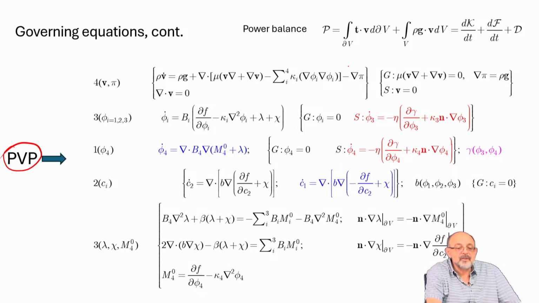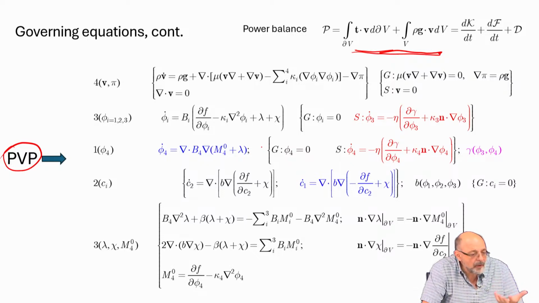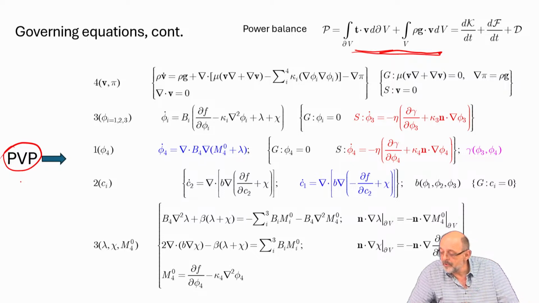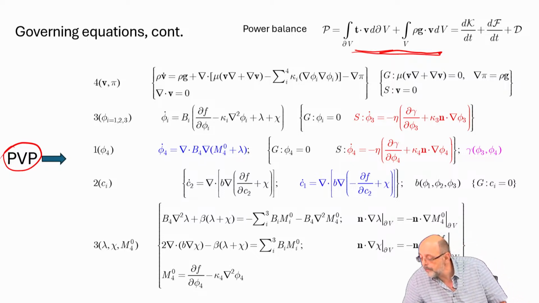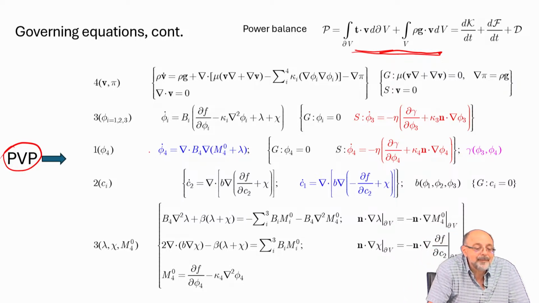Power balance simply says that the power expended by external forces is equal to the rate of change of kinetic energy, rate of change of potential energy, plus dissipation. No mystery there. But then if you write it properly in terms of your independent variables, you can formulate the principle of virtual power, and then from there you get your governing equations. And here's how they look.